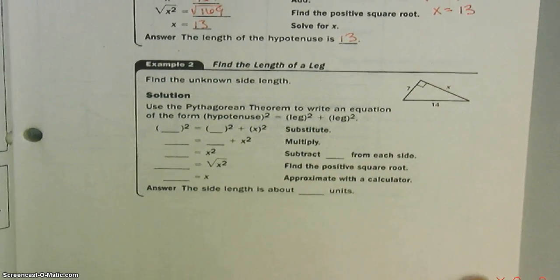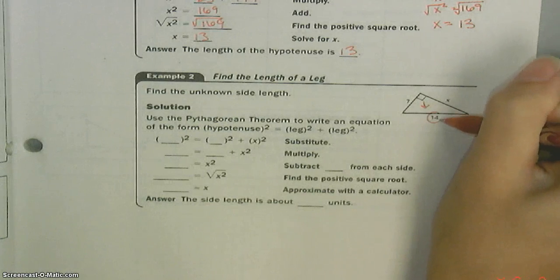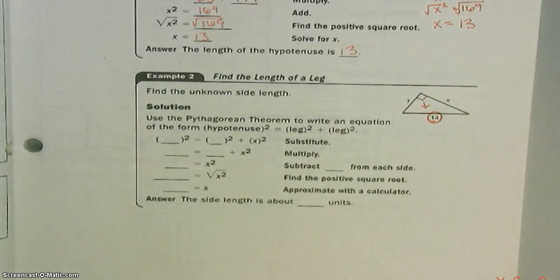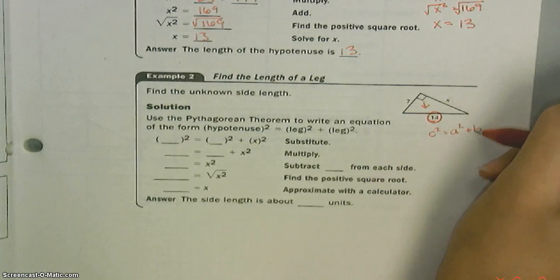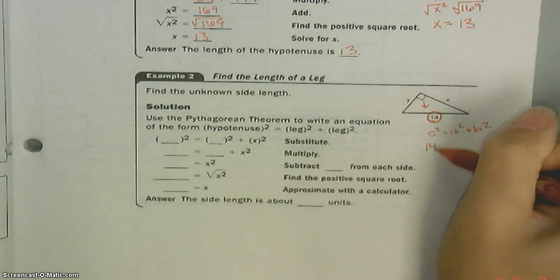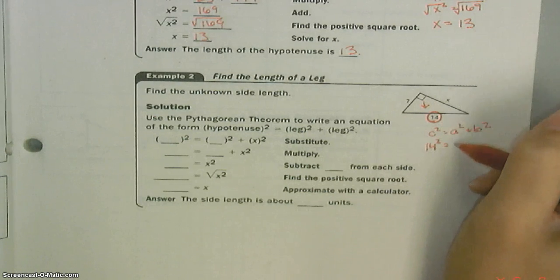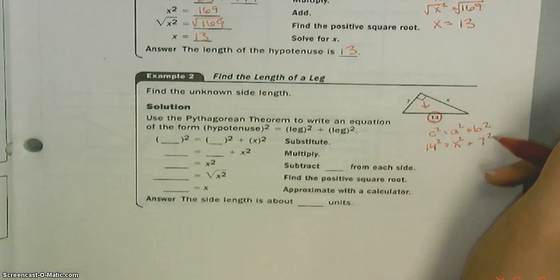The first step is to identify your hypotenuse, so identify your c value. Here it is, the one across from the right angle. There's my c value. So I know c squared equals a squared plus b squared. I plug in: c is 14. For a, you can use 7 or x, it doesn't really matter, and b is 7.